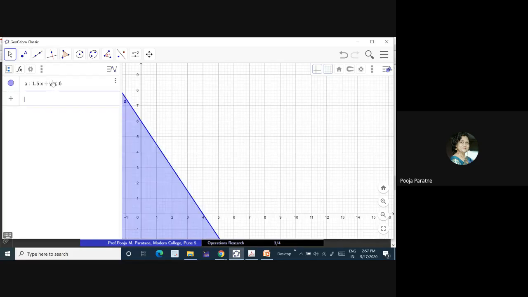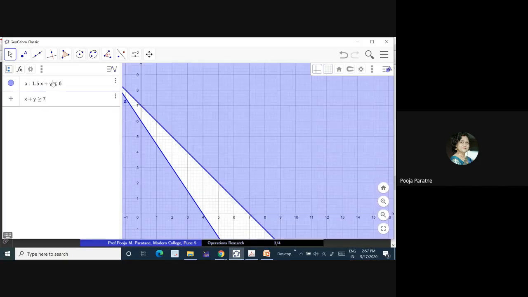This is the line and its corresponding feasible region, and this is x plus y greater than or equal to 7. So here is the second constraint along with the first constraint.